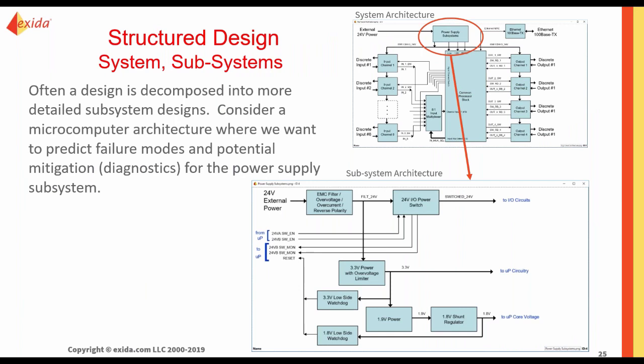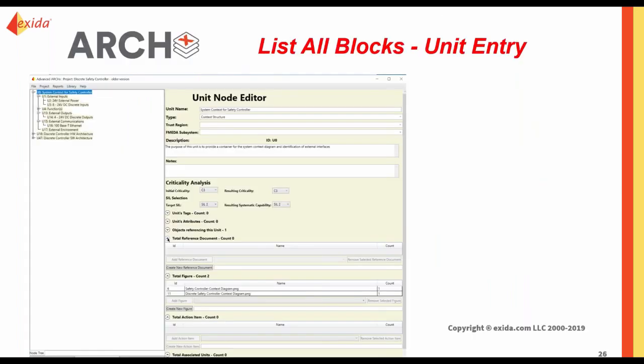ARCHx is set up for a structured design system, where at the system architecture, one particular block can be shown as a subsystem. Subsystems can have additional levels of detail, and it can be multi-layers of structure. And this is just a common, ordinary design approach, structured design.